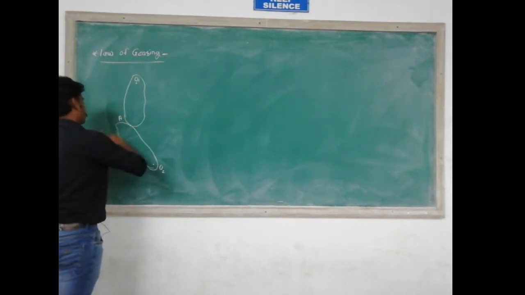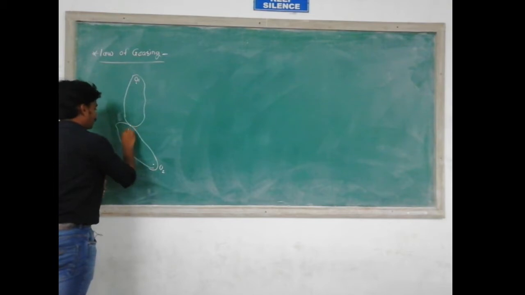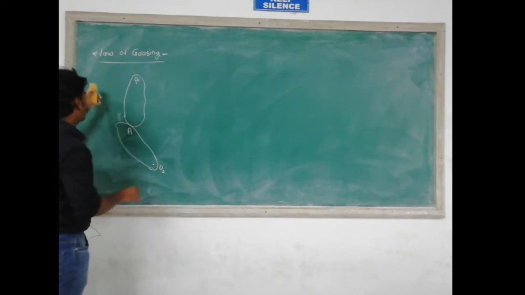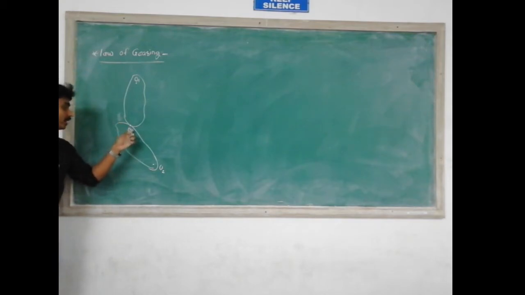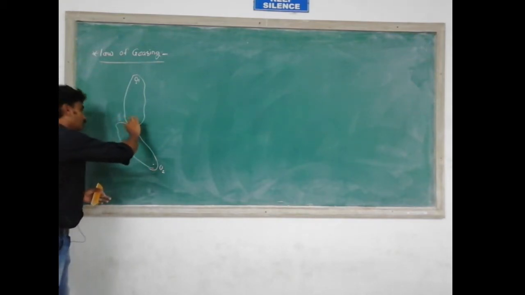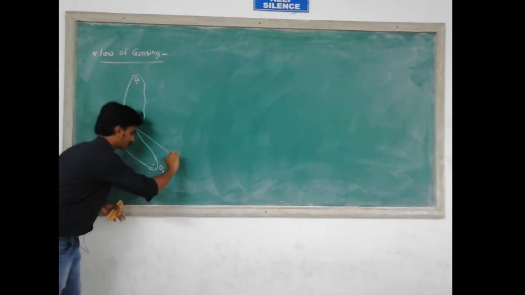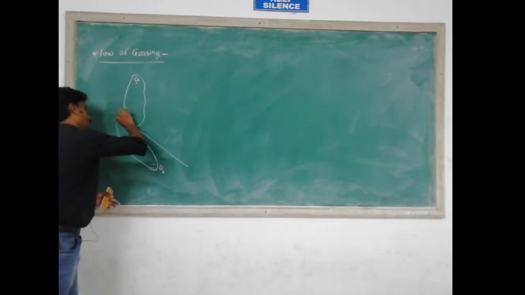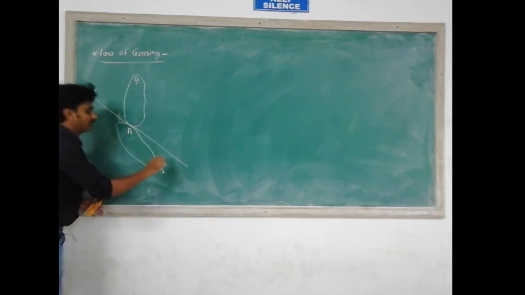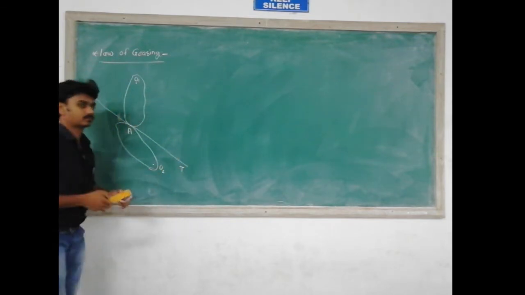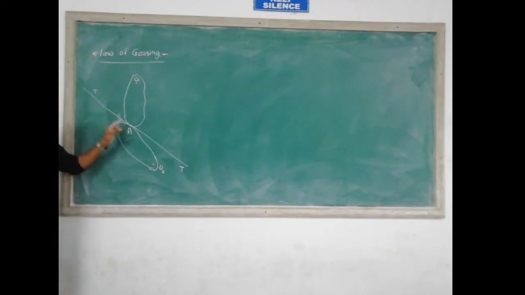Now draw a common tangent which passes through the point A. Let's mark it as TT. How will we draw it?